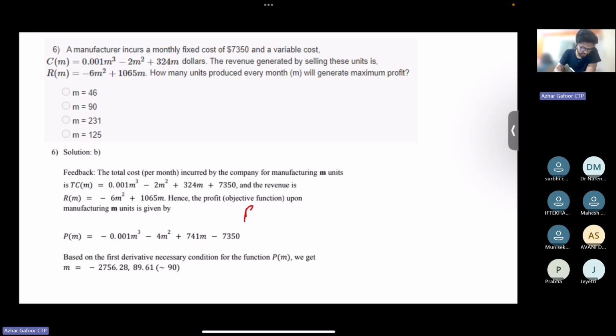Here the profit is given by revenue minus total cost. So that we get the objective function. And then we can just take the derivative and find the answer.